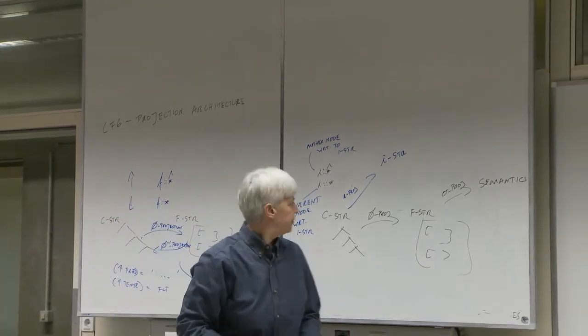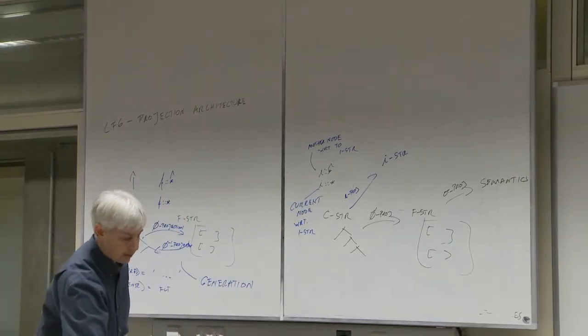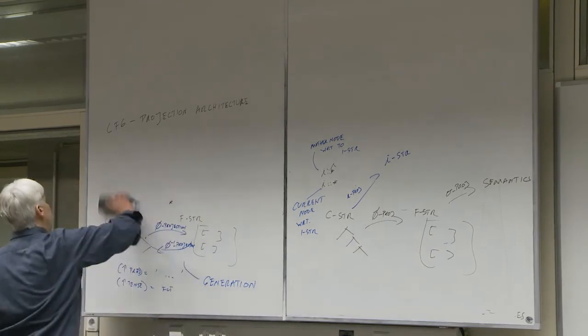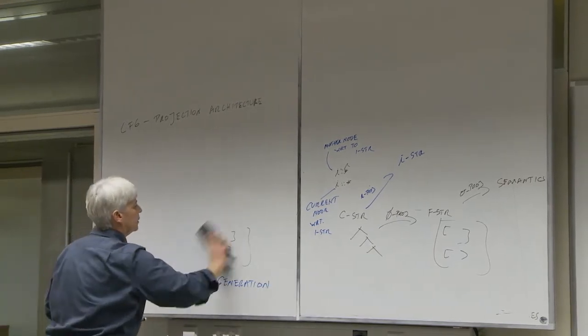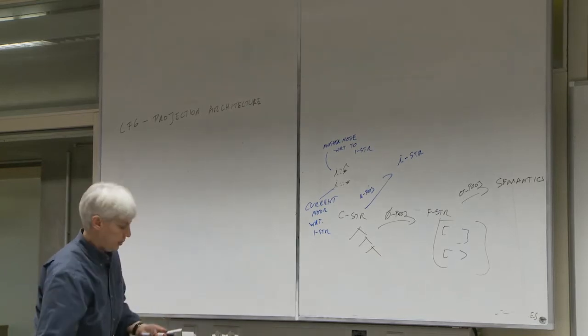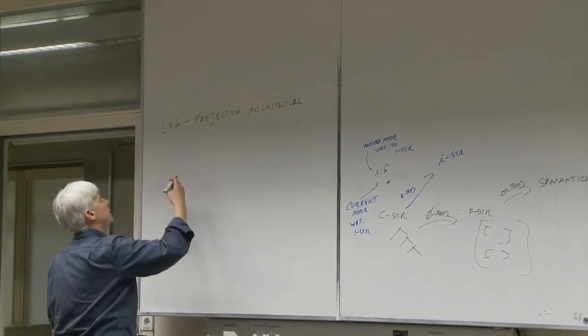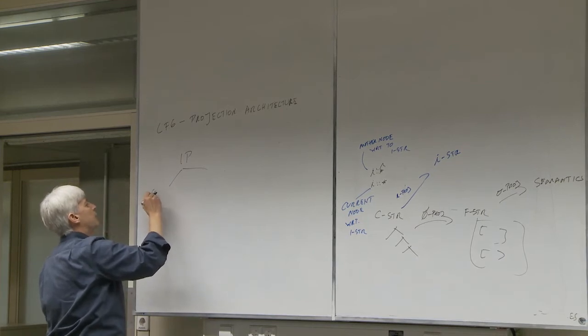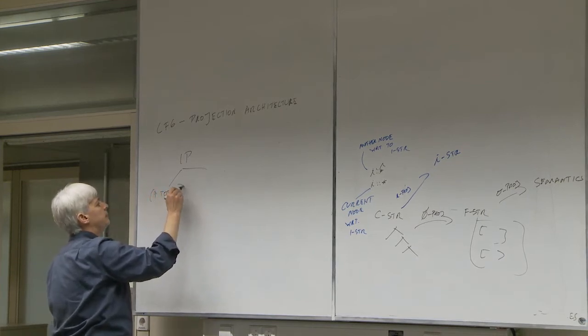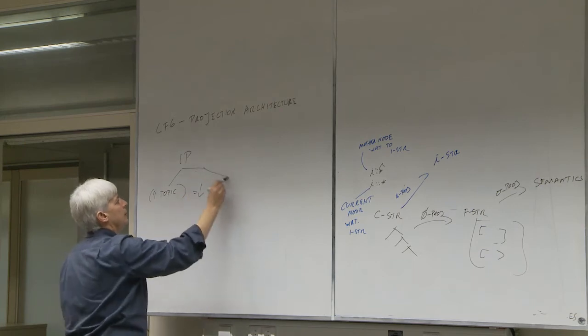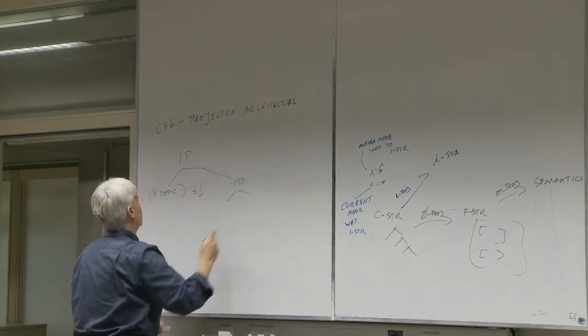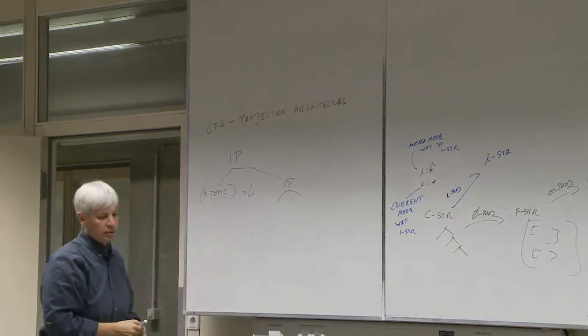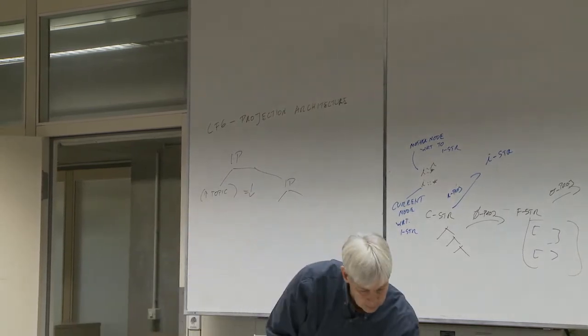So now instead of doing what we had before, which is if we had something like this, and we said up's topic equals down. What we can do now, let's see how Mary has it.